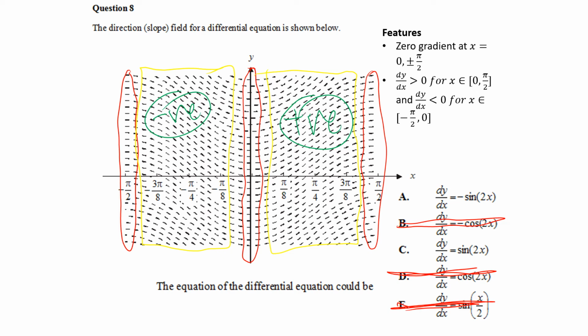So it can't be A, it must be C. Okay, that's the only way it could be because that's positive for positive values of x from 0 to pi on 2 and negative for negative values of x. Hopefully that's making sense how we're able to eliminate the other options. And of course, yes, we knew that anyway, but that's not really helpful. The answer is equal to C.